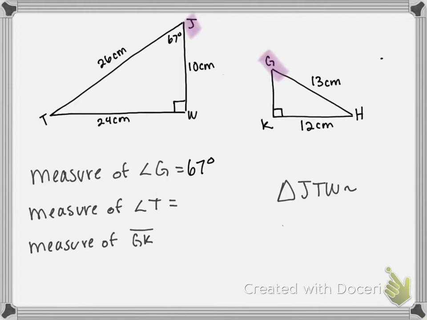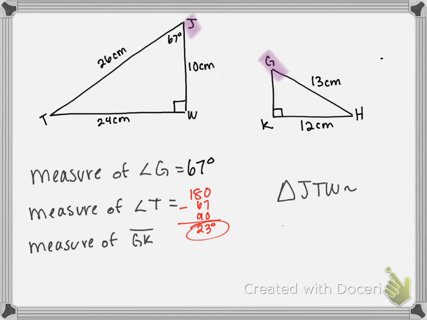So I got 67 and 90 in that triangle, so I can get 180, and I can subtract 67 and 90 to get 23. So the angle measure of angle T is going to be 23 degrees.